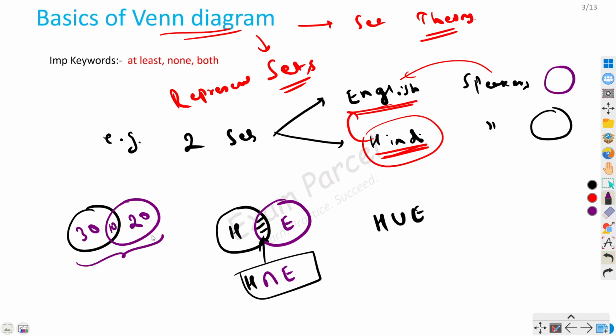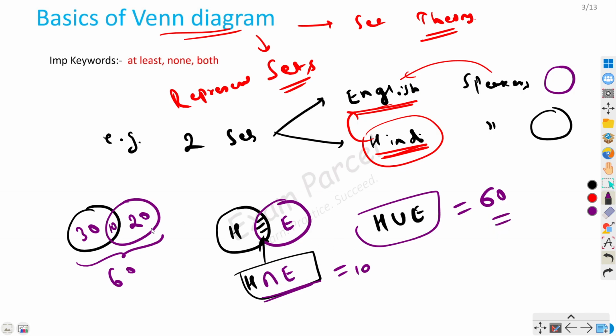So how many total persons are there? 30 plus 10 plus 20, that would be 60 persons in total. That would be your H union E, so this would be 60. And how many people are common in both? There would be 10. So H intersection E is 10, H union E is equal to 60.